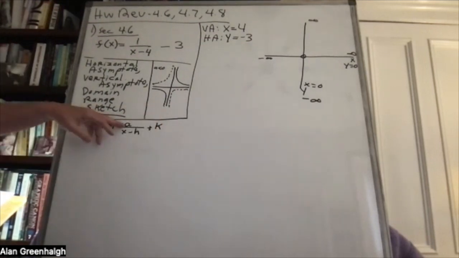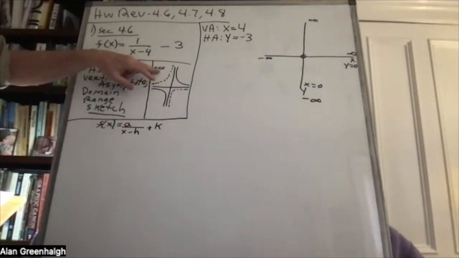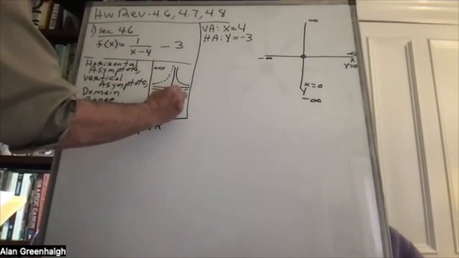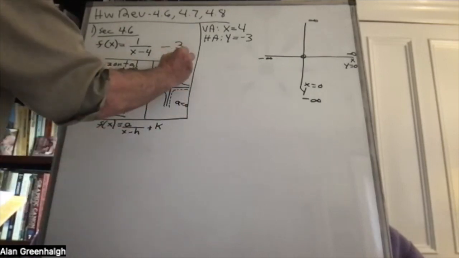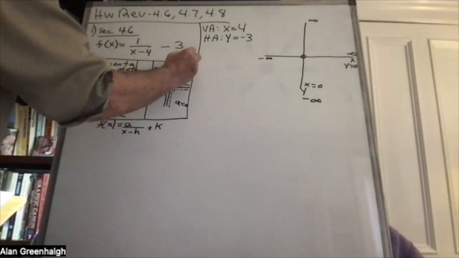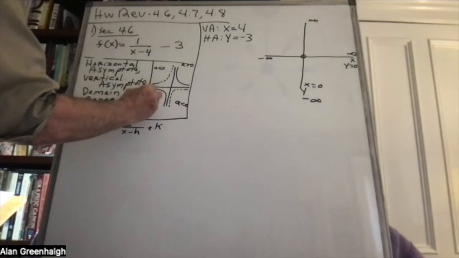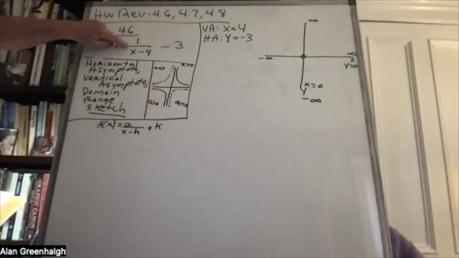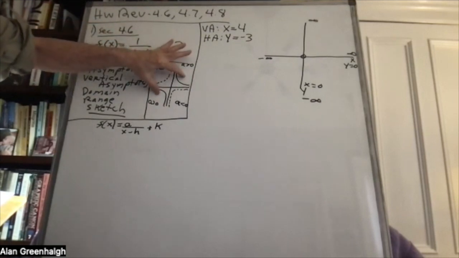So when a is less than 0, then it's in these two quadrants. And when a is greater than 0, then it's in these two quadrants. So in this situation, a is greater than 0, and therefore we're talking about these two quadrants.